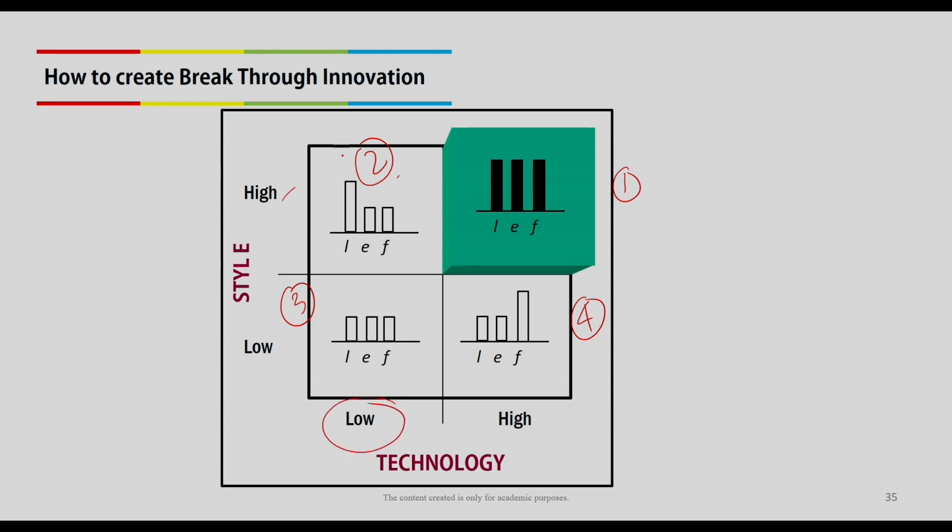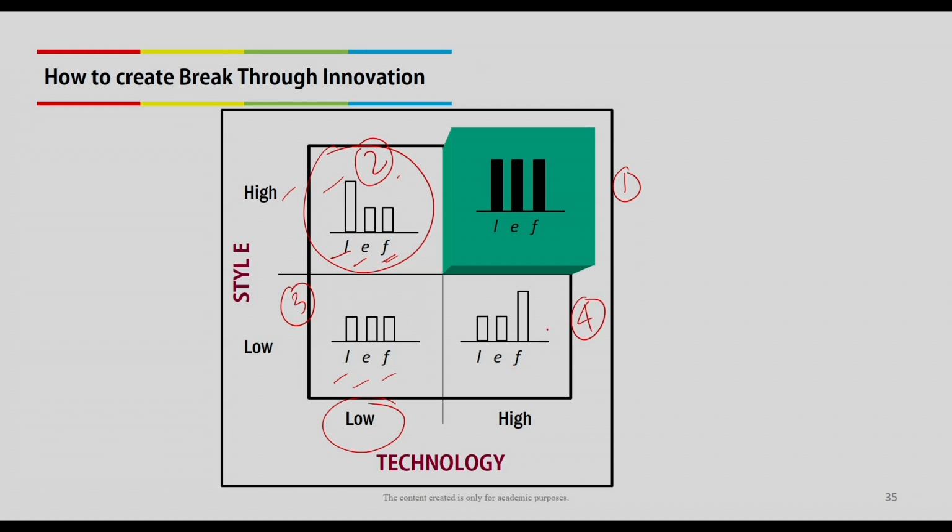In this particular quadrant, L is for lifestyle impact, E for ergonomics and F for functional features. In this quadrant the lifestyle impact is very high, while ergonomics and functional features are low. In the third quadrant, lifestyle impact, ergonomics and functional features are all very low.